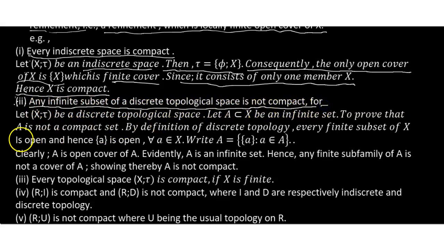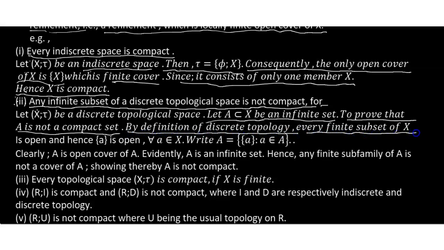For example, let (X, tau) be a discrete topological space and let A, a subset of X, be an infinite set. To prove that A is not a compact set: by the definition of discrete topology, every finite subset of X is open, and hence every singleton in A is open. Write A as the union of its singletons. Theory is very important.